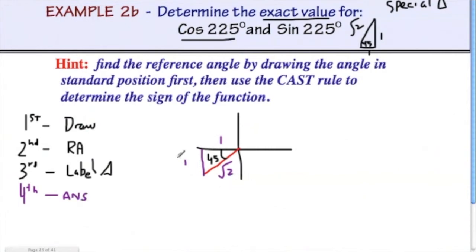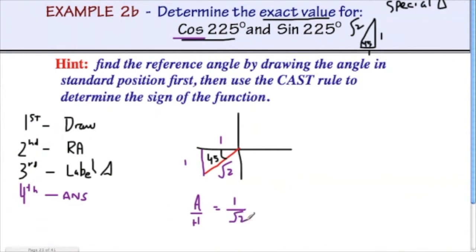So what's the answer? We're trying to find cos. Remember, cos is A over H. Which one's the A? It's 1. And which one's the H? It's root 2.